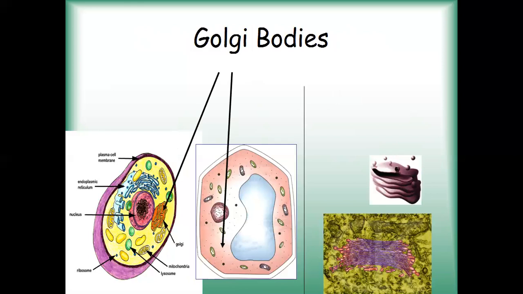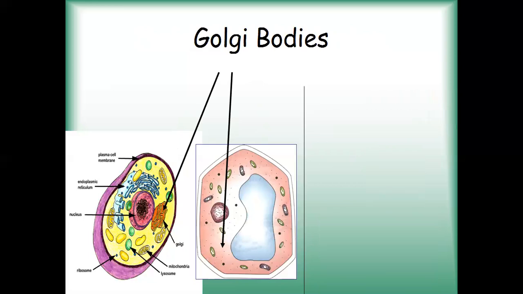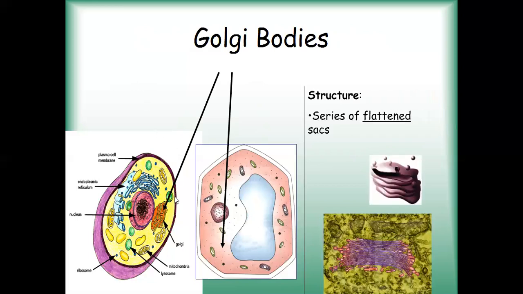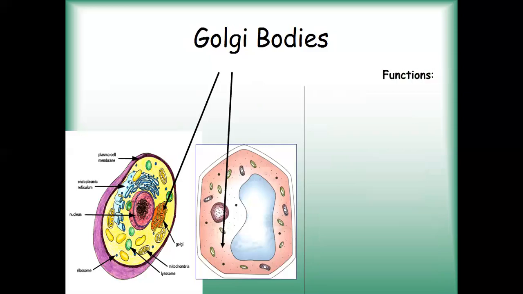Then we have Golgi bodies. These irregular, folded, flattened, sac-like structures which you can see are known as Golgi bodies. This is the more magnified view shown over here.